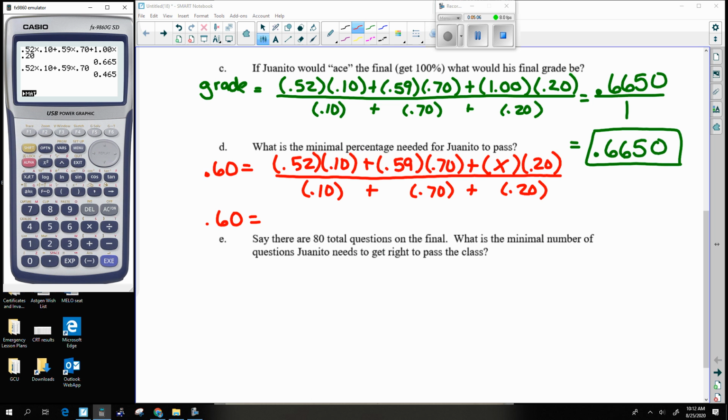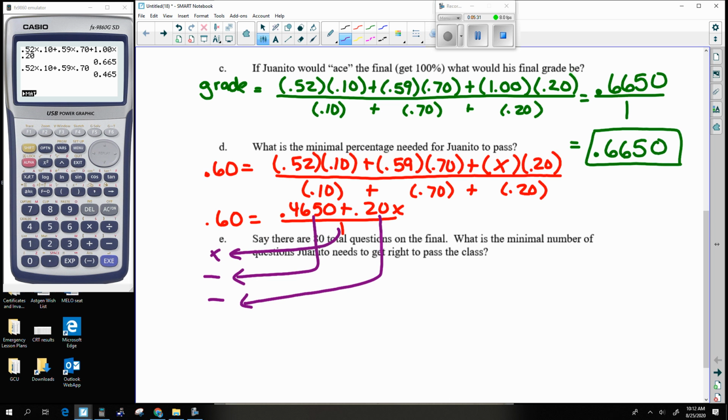They should be pretty much the same answer as question A, which is 4650 plus 0.20x, all divided by 1. So to answer this question, what we're going to do is we're going to multiply out the denominator, subtract the constant, and then divide by the coefficient.